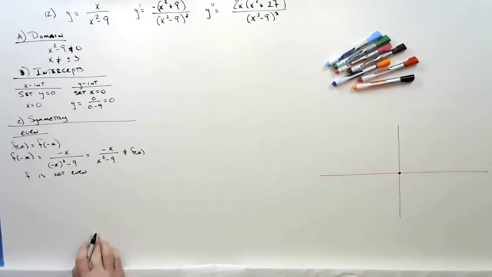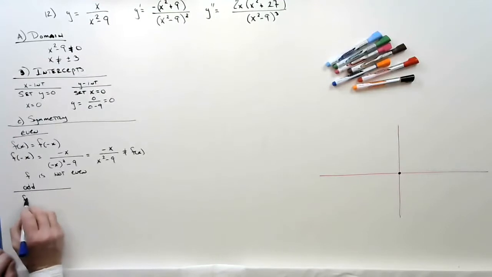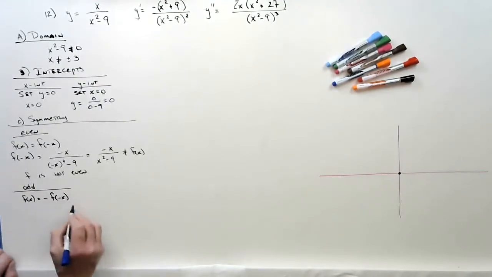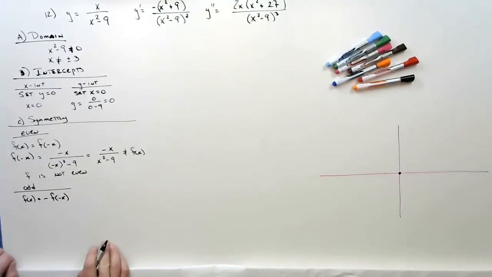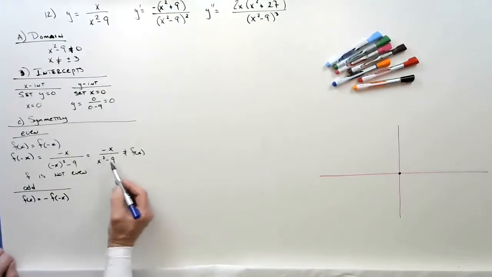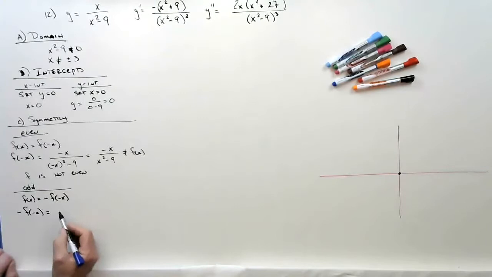But now I have to check odd. To check odd, we check whether f of x equals minus f of minus x. That's what I just found multiplied by minus 1. If I multiply this by minus 1, negative times negative, I get x.